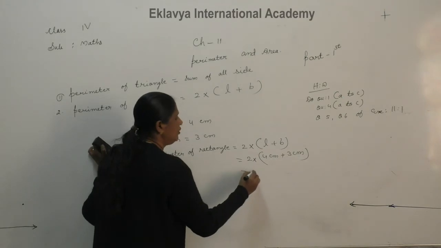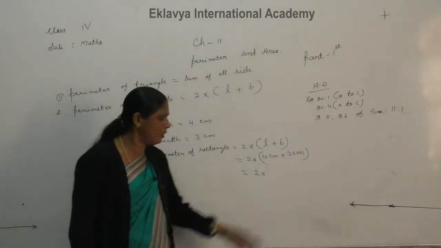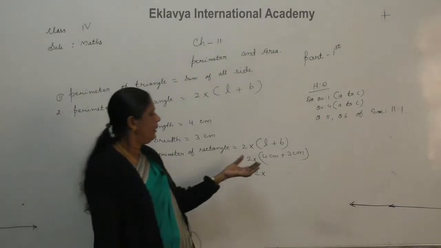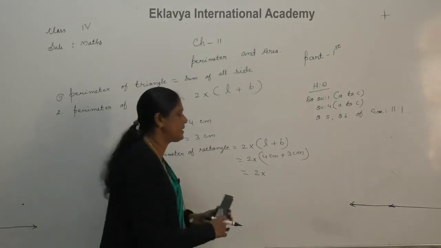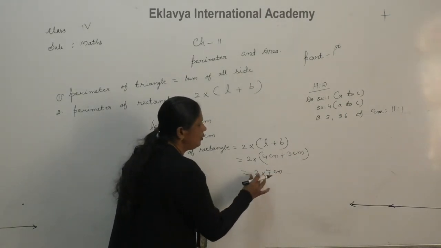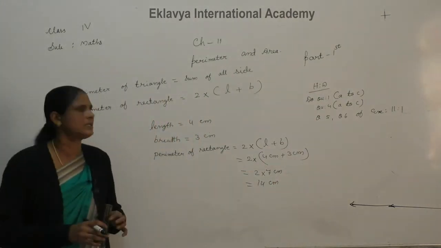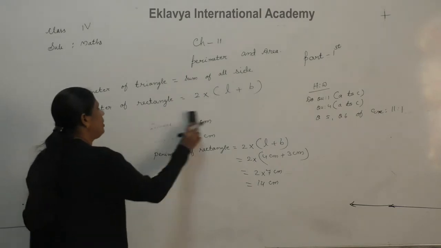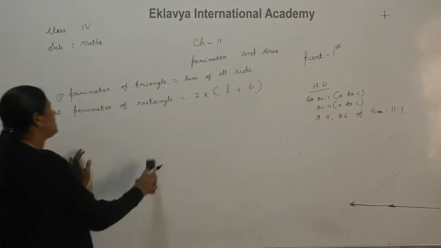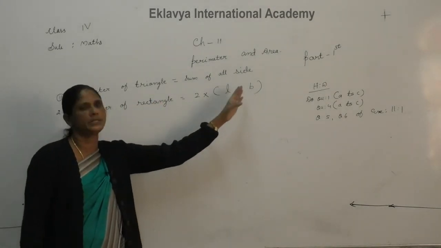First you solve the bracket. 2 multiply 4 plus 3, 7 centimeter, then 2 sevens are 14 centimeter. Understand? What is the formula of perimeter of a rectangle? Perimeter of rectangle is equal to 2 multiply L plus B.